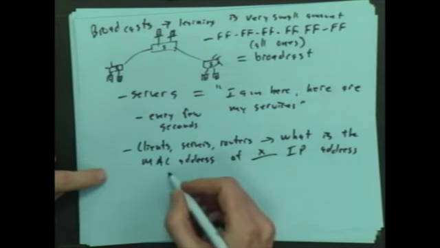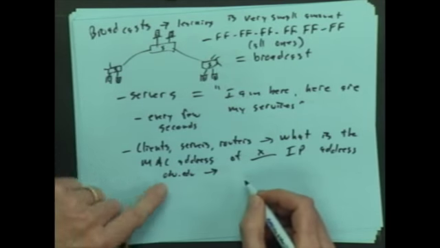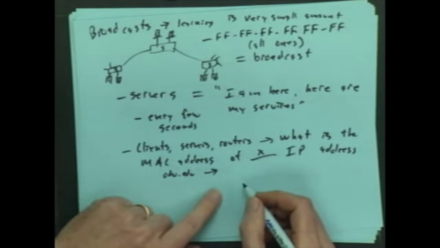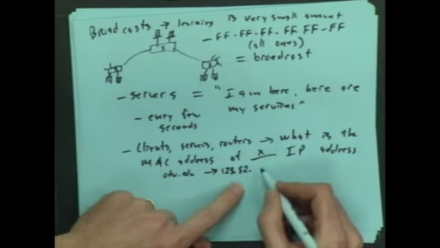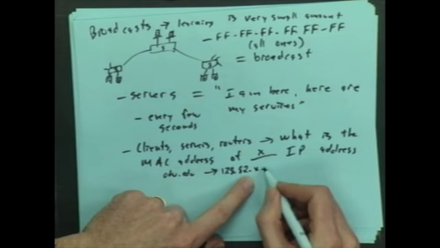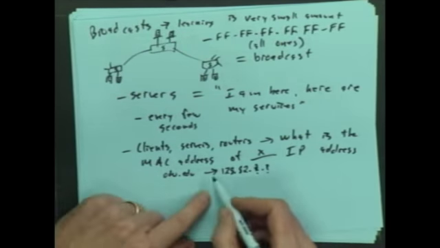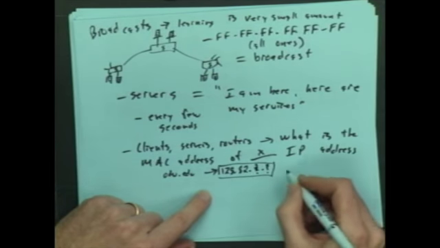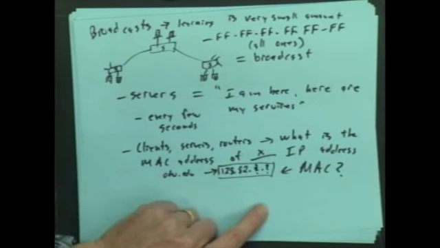But you guys know when you type something in like odu.edu, you don't actually connect to the word. You're connecting to an IP address. It's 128.82. It's funny, I was just looking this up, but I don't remember what it is. It's something. I'll just put question marks. 128.82 something.